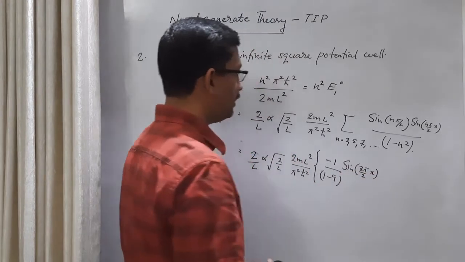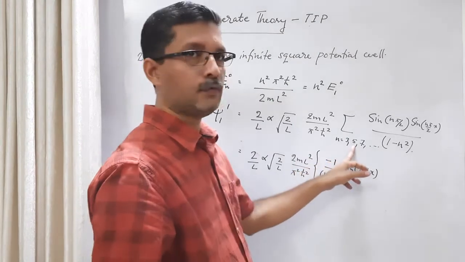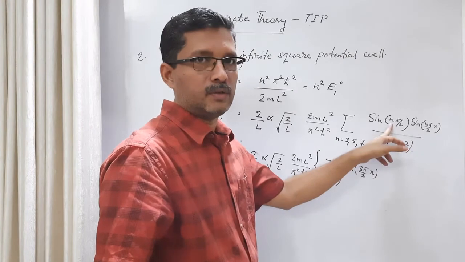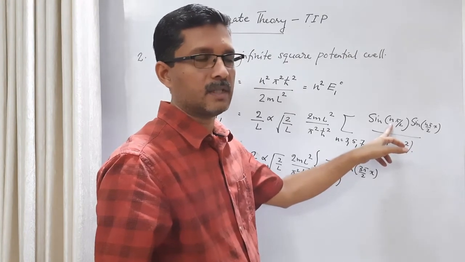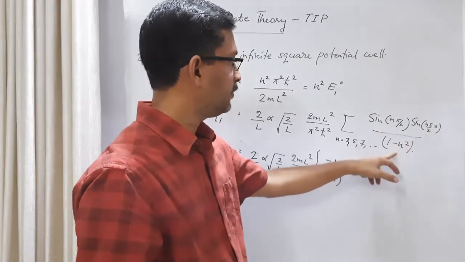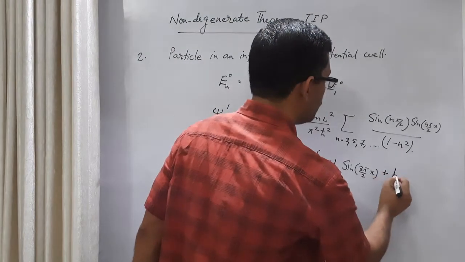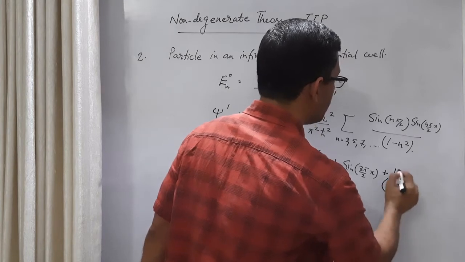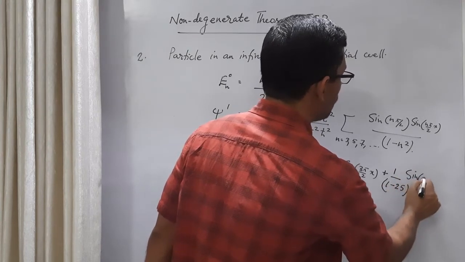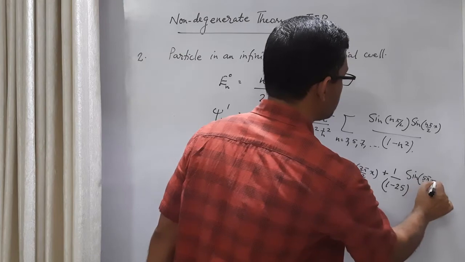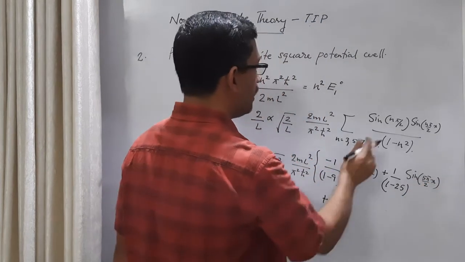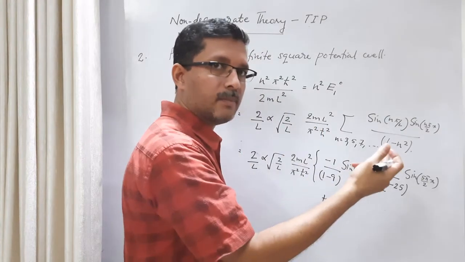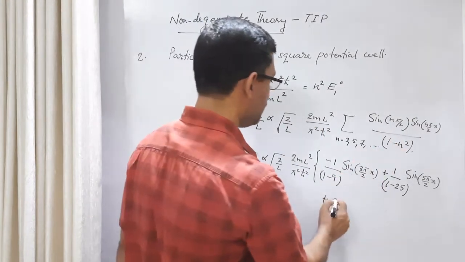Next, n=5. sin 5π/2 is 2π plus π/2, which is sin π/2, and that is +1. What comes in the denominator? 1 minus 5², that is 25, sin 5π/2 into x. Plus next, n=7. sin 7π/2 is 2π plus 3π/2, which is sin 3π/2, which is -1.